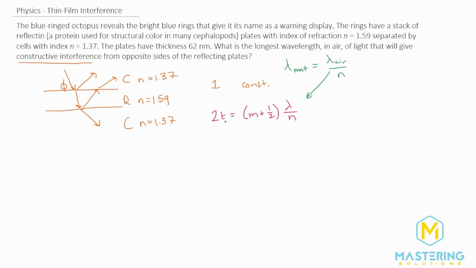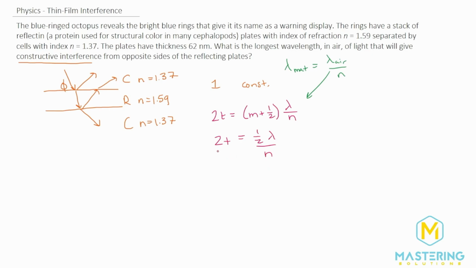So now we need to isolate this for lambda. We want to find the longest wavelength of light in air that will give constructive interference. And so the m that we'll be using for this is going to be 0. So we'll have 2t = 1/2 λ/n.